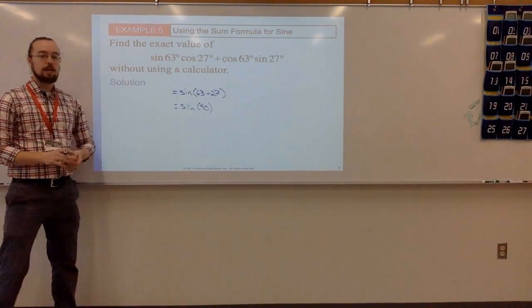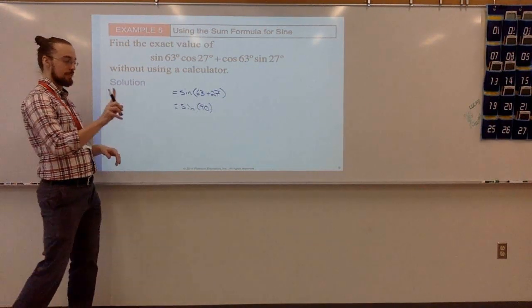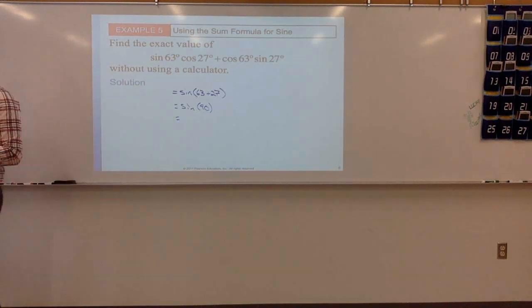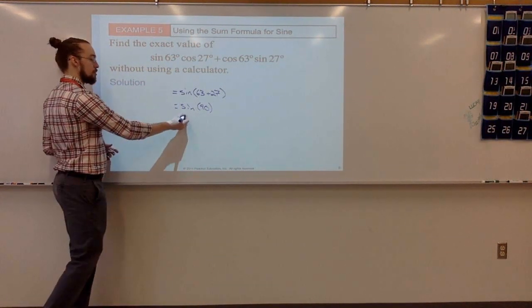What's the sine of 90 degrees? 1. Sine is the y value on the unit circle. So at 90 degrees, the y value is just 1.